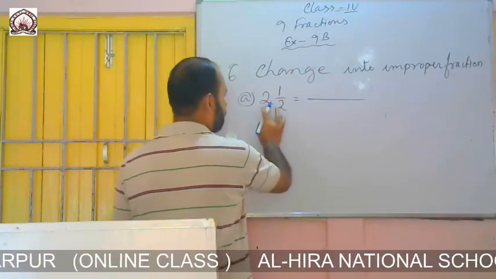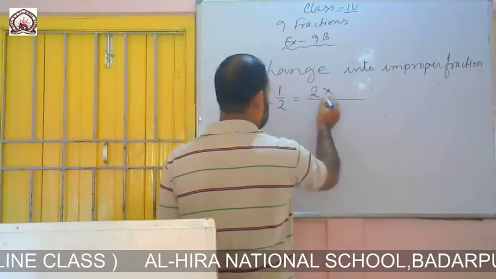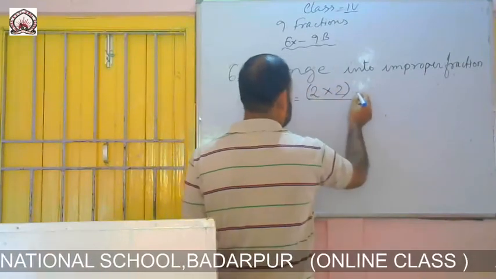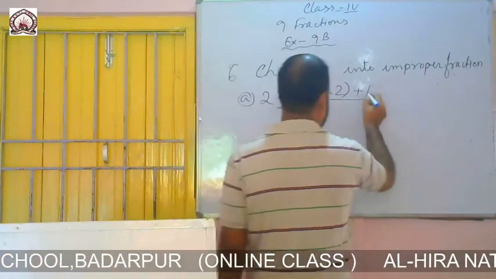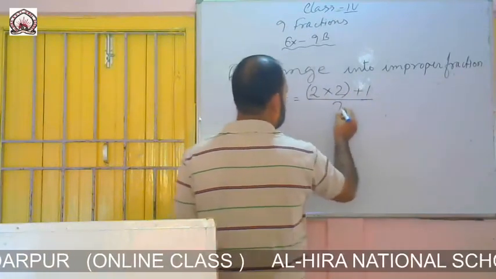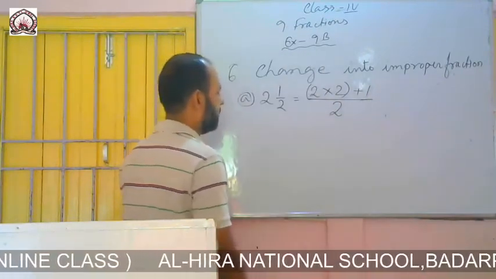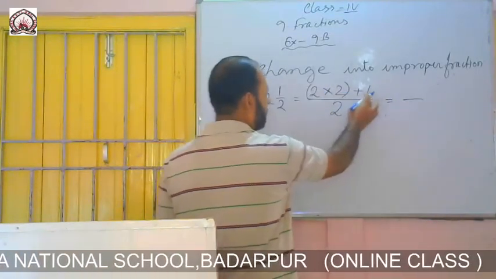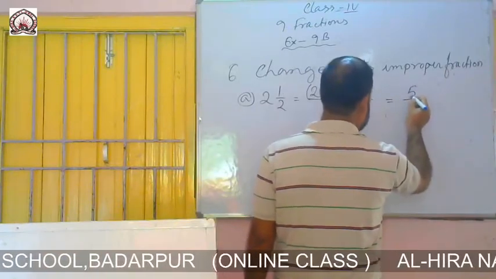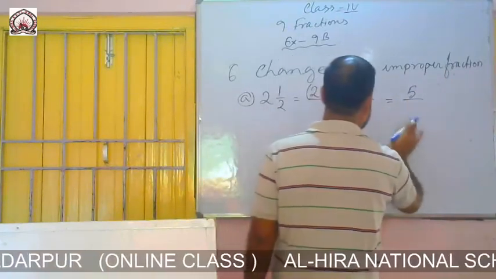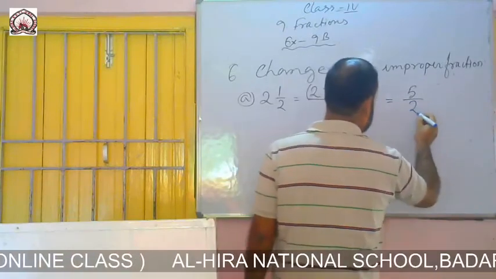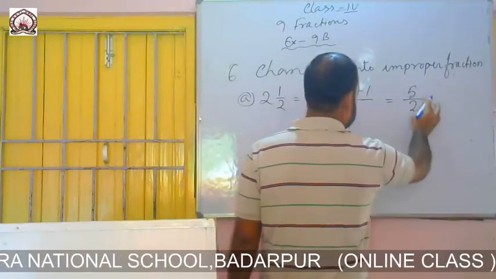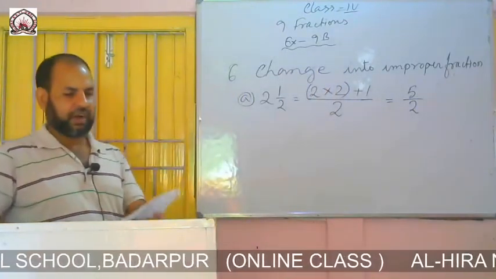So here 2 is the whole number, into denominator 2, 2 into 2 plus numerator 1, divided by denominator. 2 2s are 4, 4 plus 1 is 5, and the denominator is the same, 2. So the improper fraction is 5 by 2.